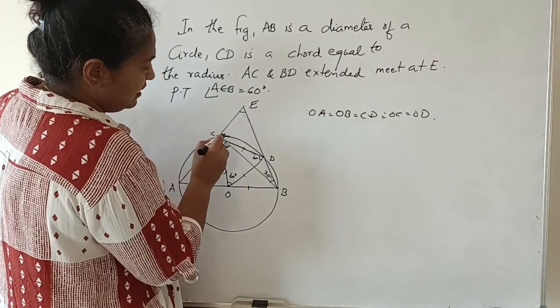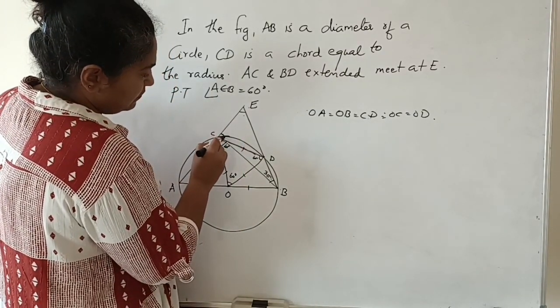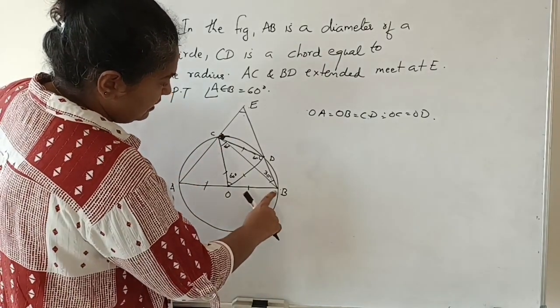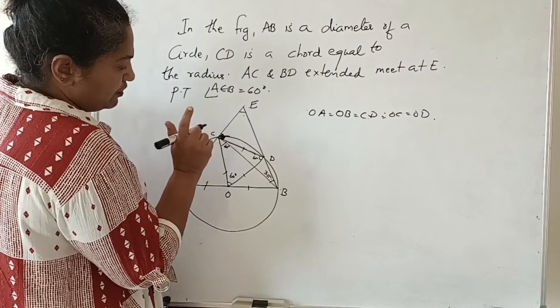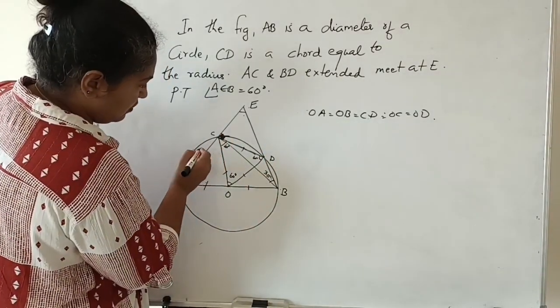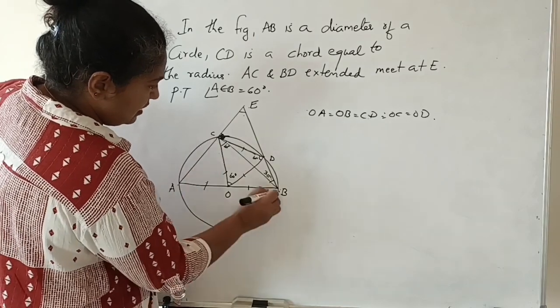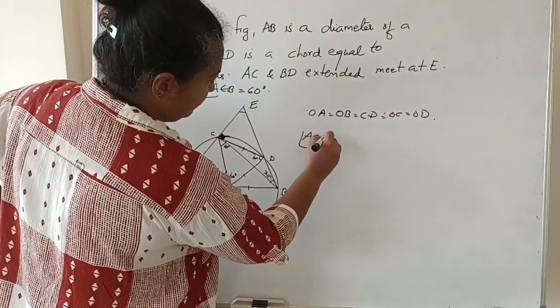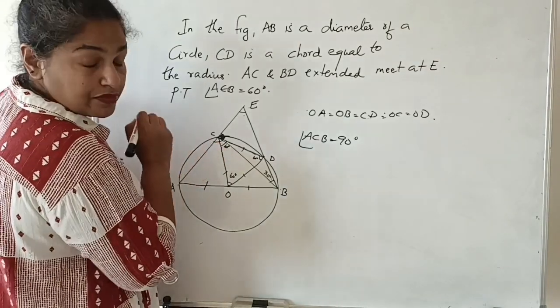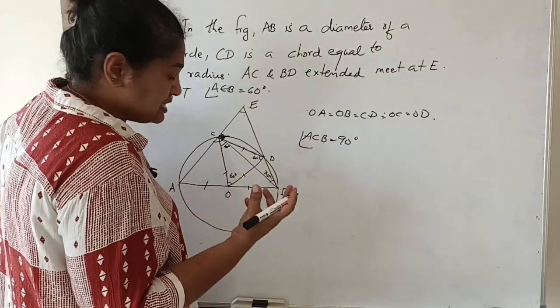The second angle is E, but I don't know this angle. Okay. I know that AB is subtending an angle at the circumference. That angle is 90 degrees because AB is a diameter. So I know that ACB is a 90 degree angle because it is an angle in a semicircle.